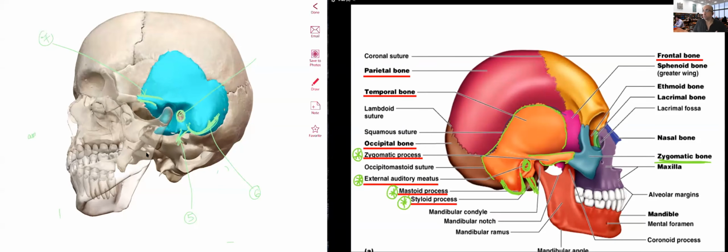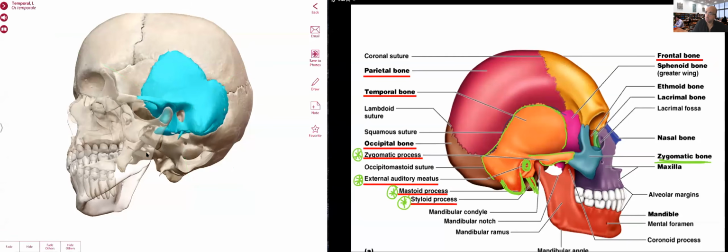So external auditory meatus, or in your textbook also another name that is stated is external acoustic meatus. Those are pretty much most of the landmarks that we need to identify in the temporal bone.